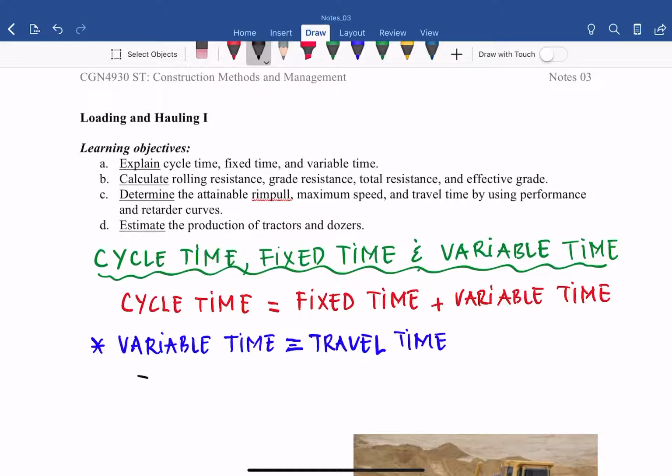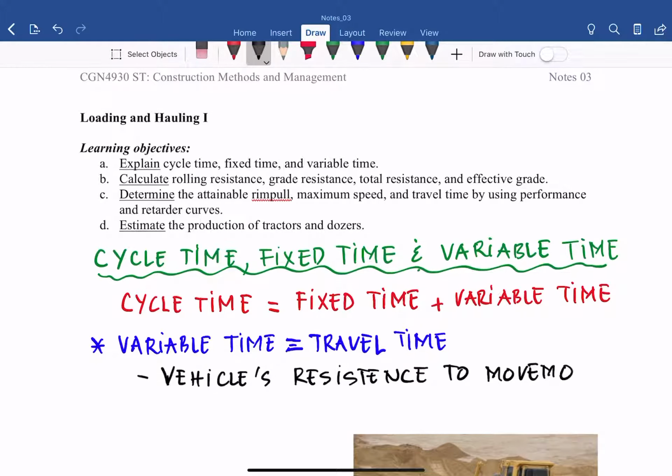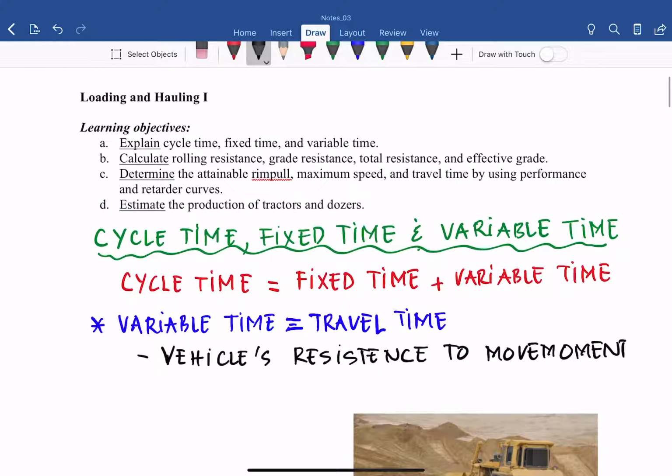The first one is the vehicle resistance to movement, and that is basically the friction, etc., that makes the resistance.